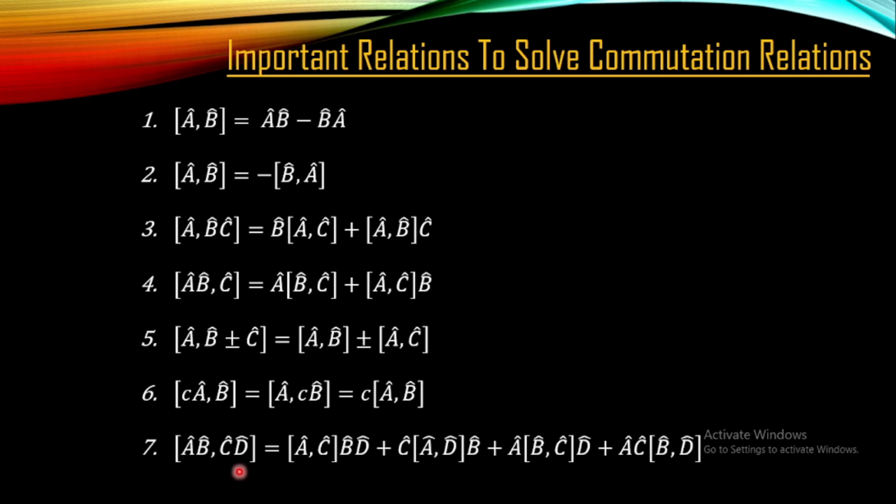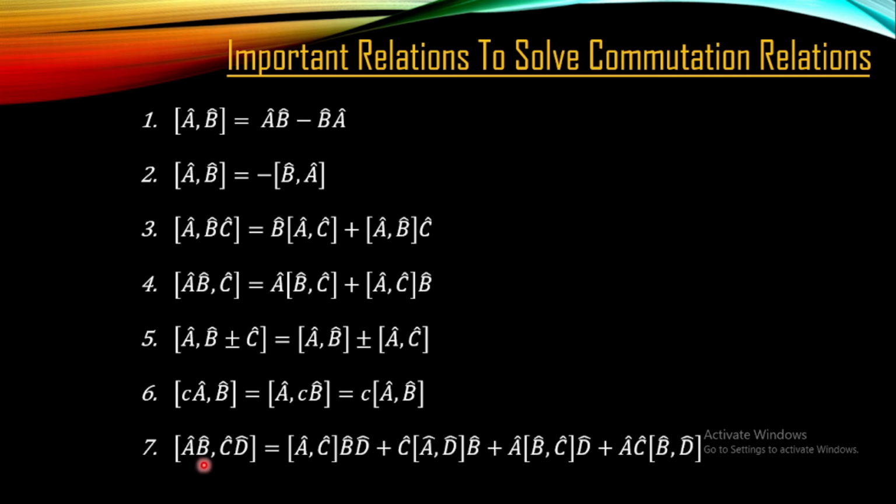First point is that within the brackets we need all the combinations, that is A with C, A with D, then B with C, B with D. And for each combination, whichever operator is remaining out of 4 has to be written outside the bracket with respect to the position.